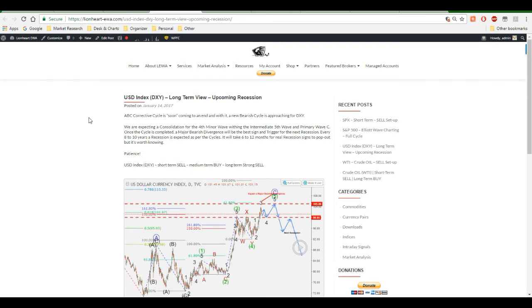We'll give you another insight on the longer scale on the US dollar index and my thoughts on the upcoming recession. As you may know, Elliott wave is a tool you can actually use to determine future cycles. So in other words, there is a cycle indeed for recessions as well.